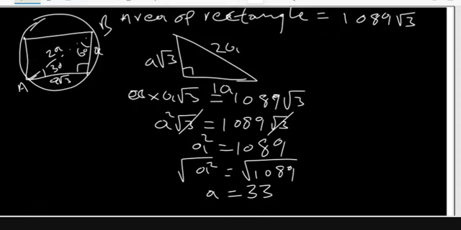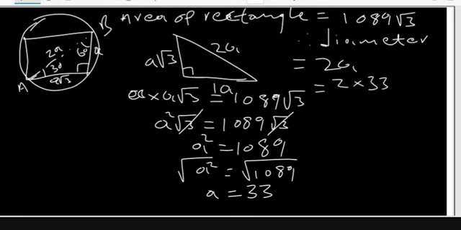Then the diameter, which is the question they asked, which we have confirmed is equal to the diagonal of that rectangle, is going to be equal to 2A. This is equal to 2 times 33, which gives us 66. 66 is the answer, and that's the correct answer.